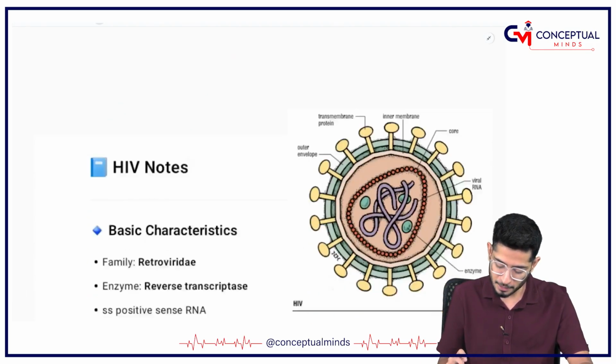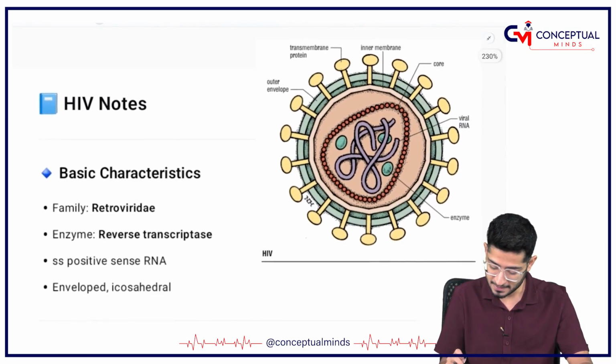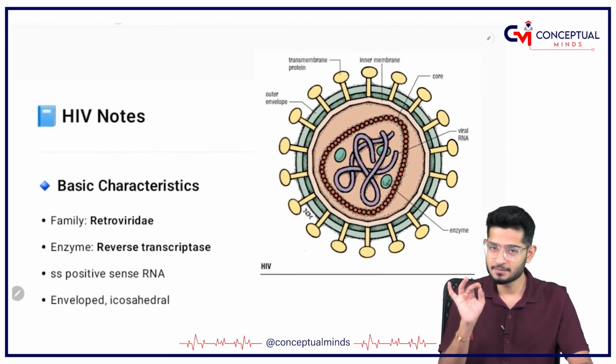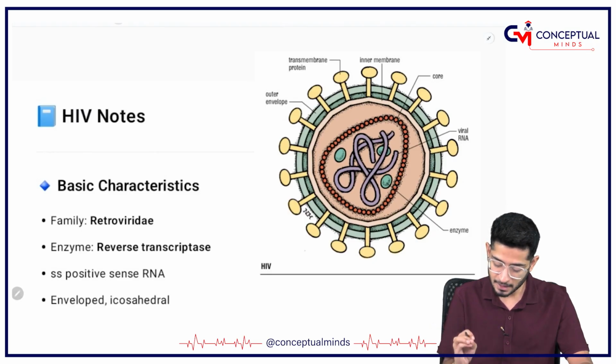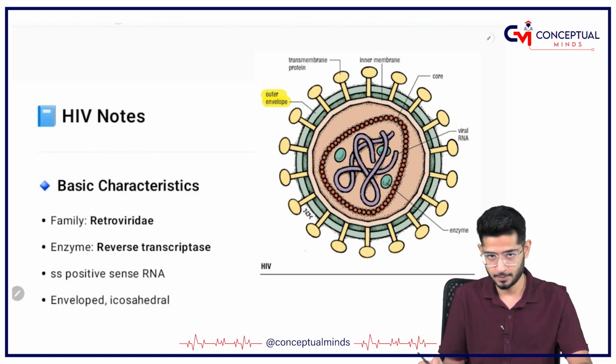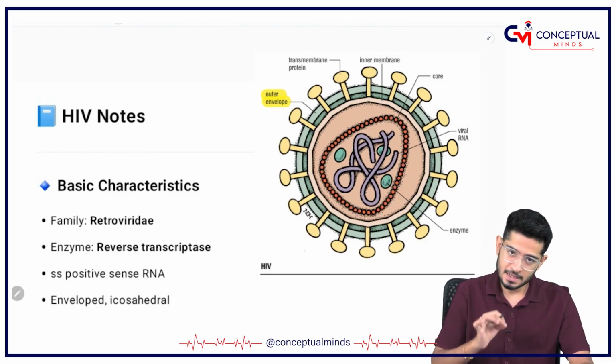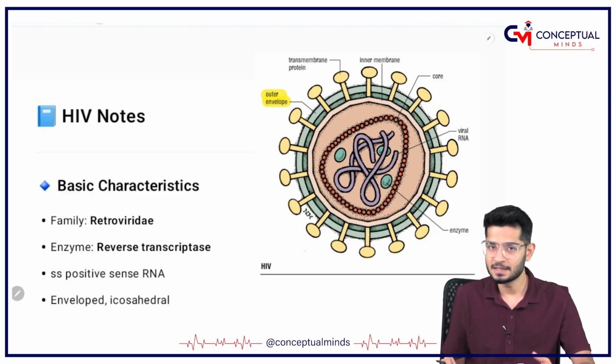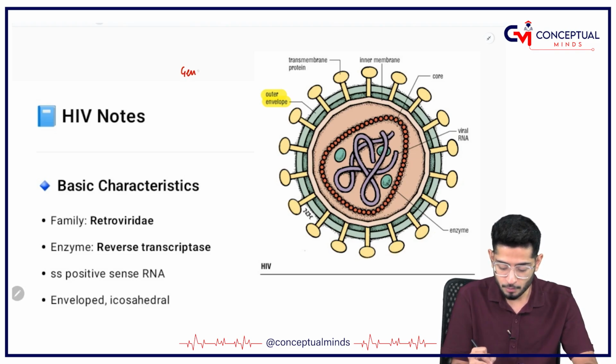So my dear friends, coming on to HIV, please see here carefully that the structure of HIV is itself a very important question. Can you see this light green color? This is the outer envelope, so HIV is an enveloped virus. Whenever you are studying virology, you should go back and check the general virology videos.